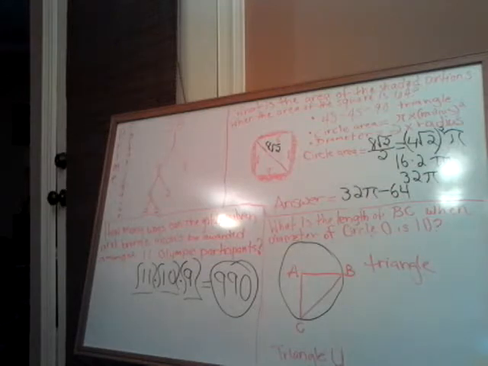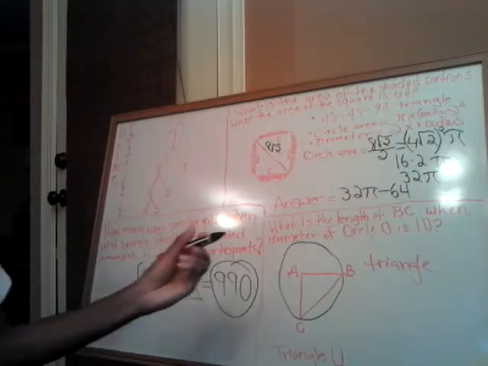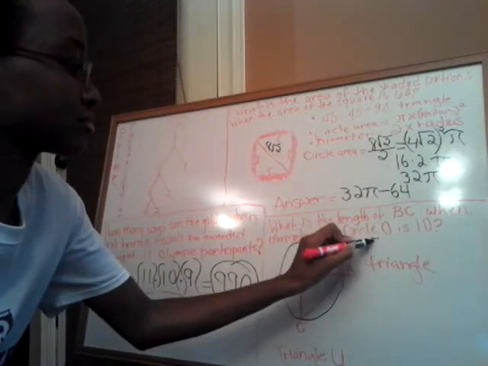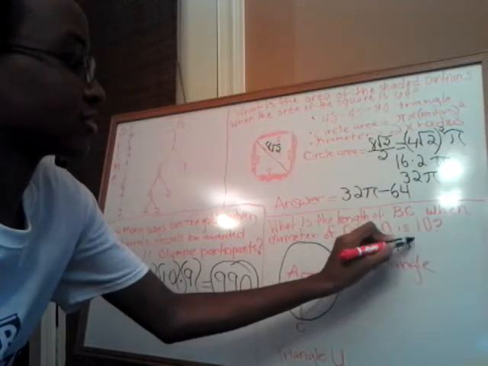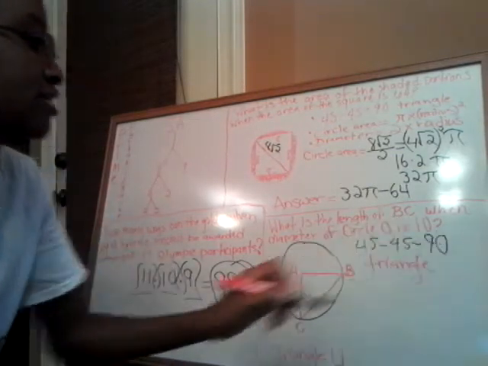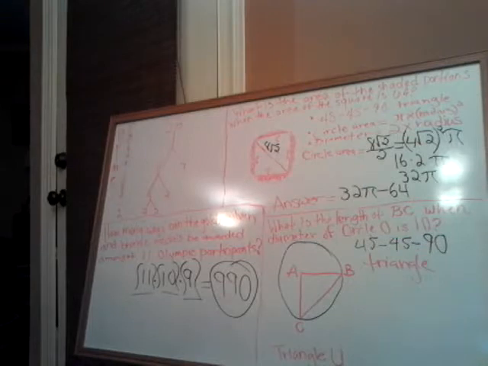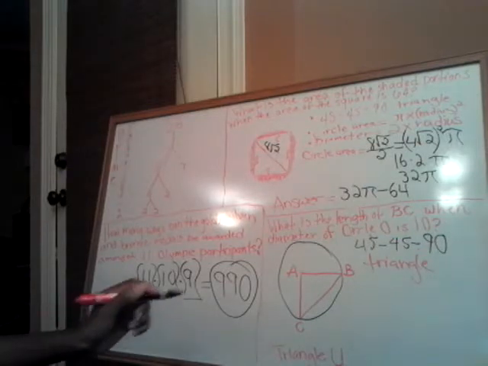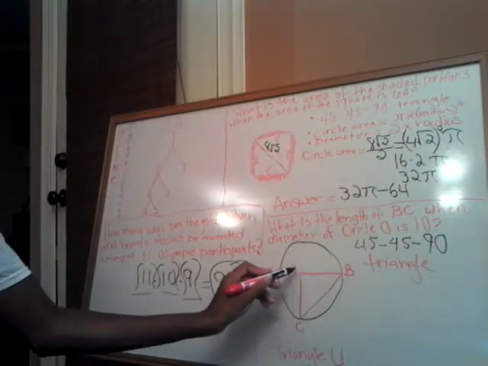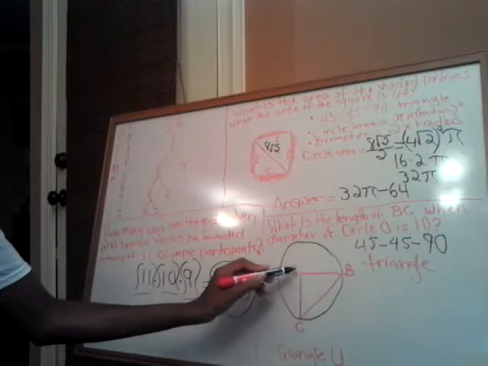So then I'm looking for the length of BC. And what I notice here is that I'm dealing again with a 45, 45, 90 degree triangle. And the reason I know I'm dealing with that is that this is a radius and this is a radius.